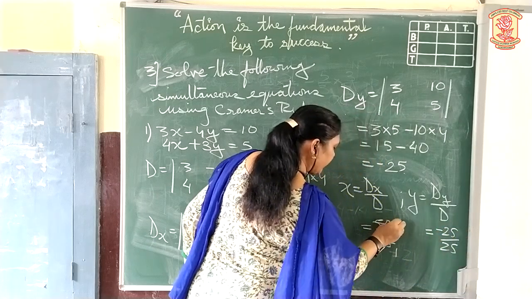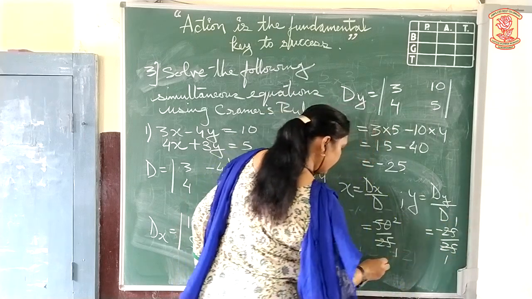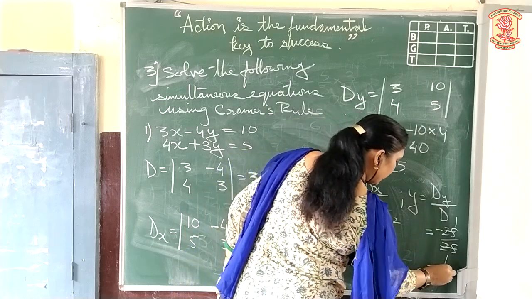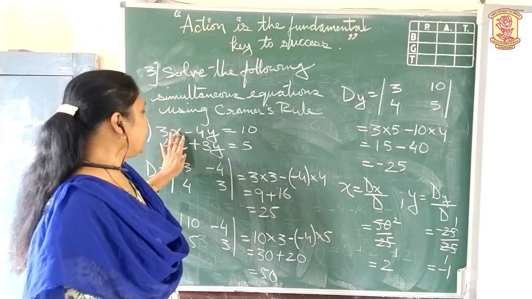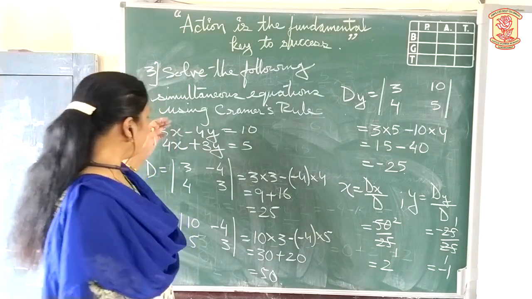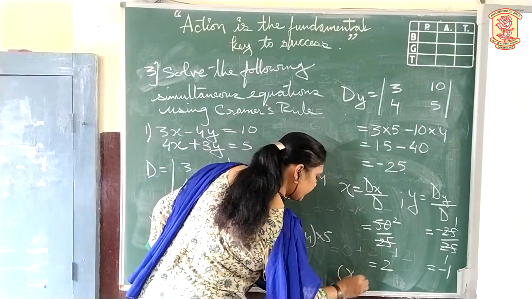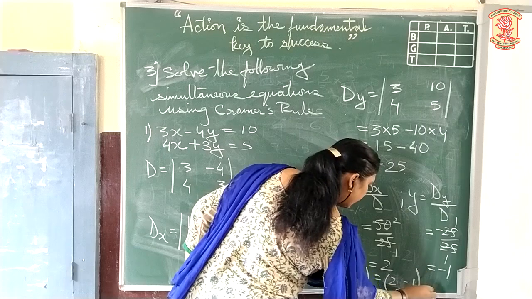So the value of x comes out to be 2 and that of y comes out to be minus 1. So here the solution for these simultaneous equations is x, y equals to 2 comma minus 1.